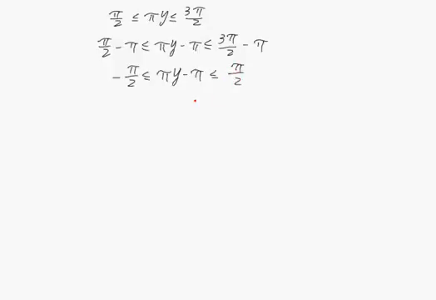Now let's copy that equation which the inverse function satisfies. We have sine of pi y minus pi equal to 2 minus x. So by now, this expression is between negative half pi and half pi, which is the range of the inverse sine, right?